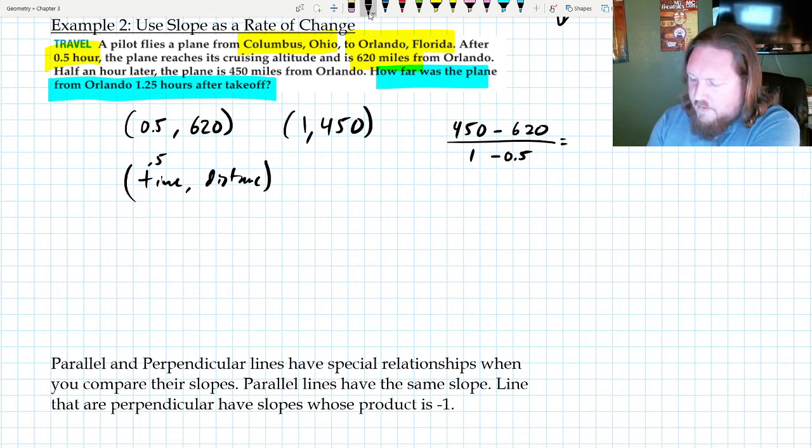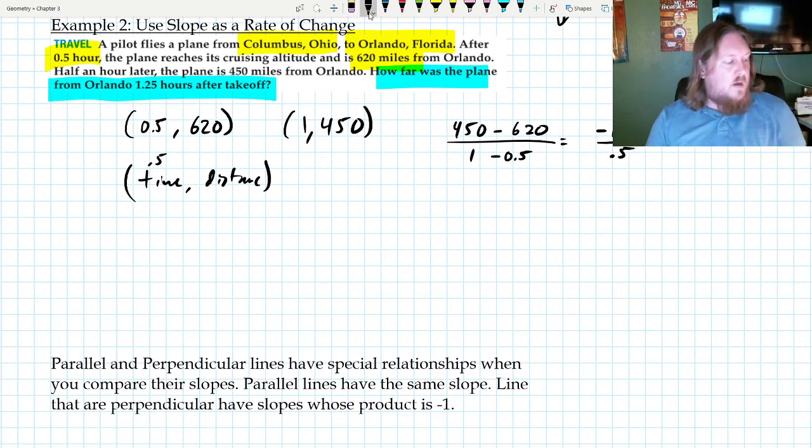450 minus 620 is going to be 50, gives me to 500. Another 100 gets me to 600, so another 20. So negative 170 over 0.5.